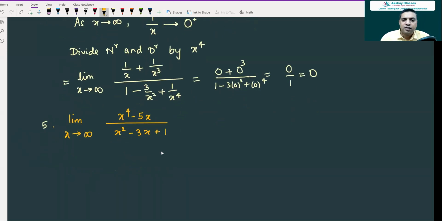Again, the numerator is dominating now over the denominator. So this will go to infinity. You just have to check the coefficients of the highest powers. That's all. The coefficients of the highest powers will be important in determining this. Both are positive here. The answer is straight away plus infinity. The way to do it is divide by the highest power.